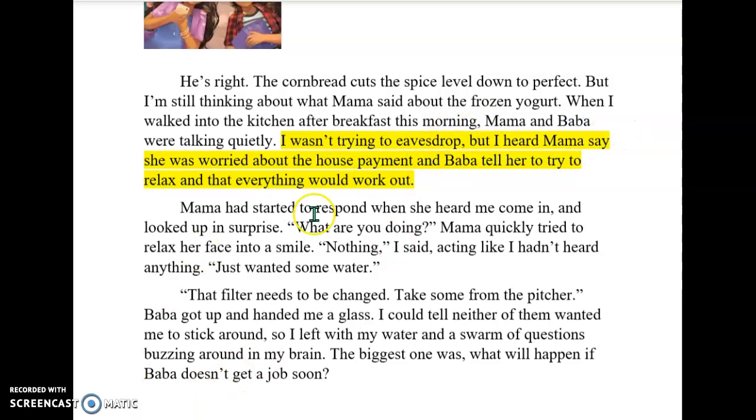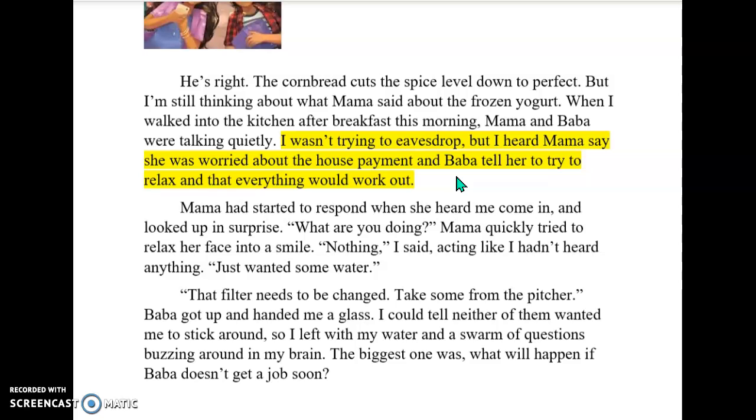So at this point, because of the type of language that is being used, and because prior to this it says Mama and Baba were talking quietly, you could kind of tell the mood that is being set within the story. And so the author sets this mood of worrisome, and like there's this big conflict, that there's a trouble.